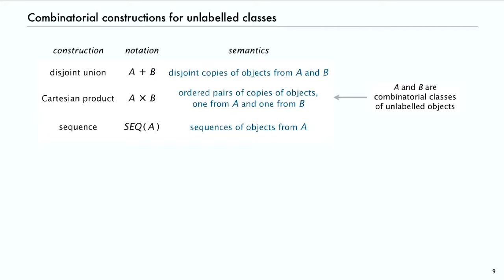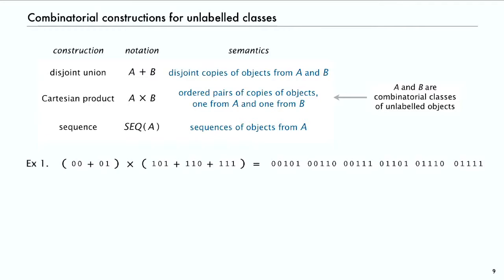And here's the meaning of each one of those. A plus B is just copies of objects from A and B. You take one from A, one from B, and that's the disjoint union. Cartesian product is ordered pairs of copies of objects, one from A and one from B. And sequence is sequences of objects from A.